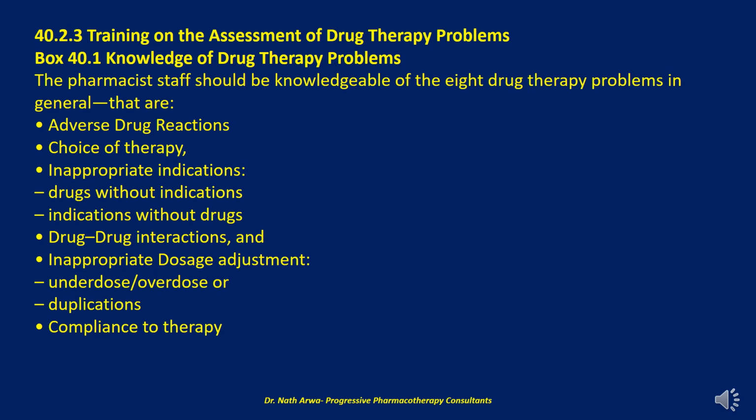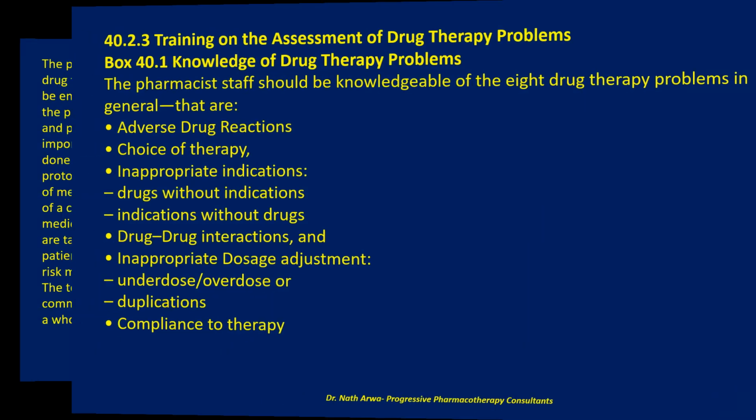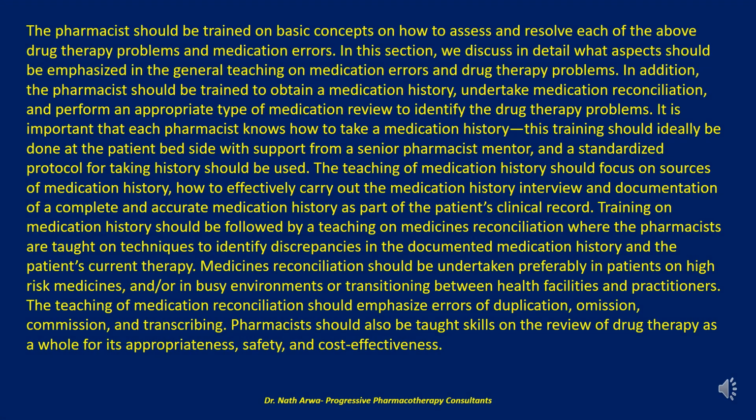Drug-drug interactions. And 5. Inappropriate dosage adjustment, for example, underdose or overdose or duplications. 6. Compliance to therapy. The pharmacist should be trained on basic concepts on how to assess and resolve each of the above drug therapy problems and medication errors.